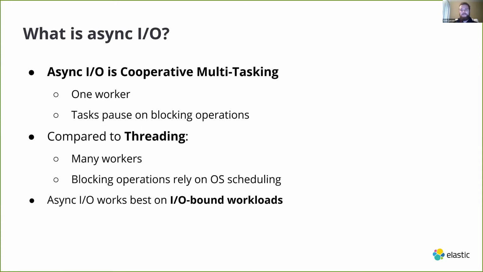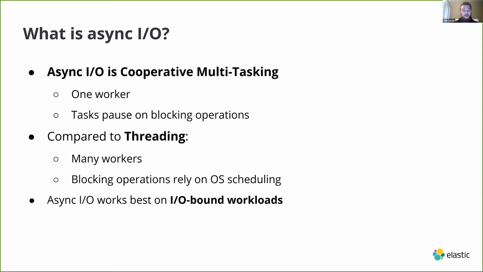Instead of relying on the CPU, which has no idea of anything related to your program structure beyond what the instructions are themselves, instead of relying on your CPU to make those guesses, you are explicitly saying, here are the places where I/O can happen. And I know when the I/O happens, I'm going to pause my task and switch to something else that I can do. So that's the difference between async I/O and threading.